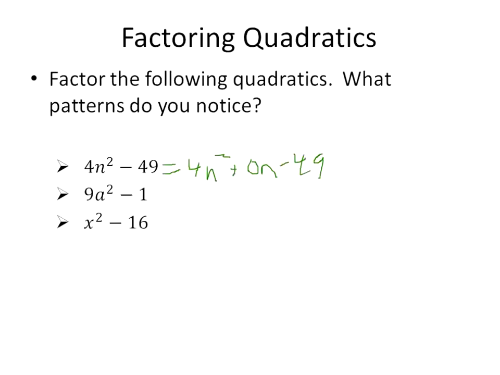So one of the patterns that you'll notice for problems such as this one is that this number right here is a perfect square number, and this number right here is a perfect square number.